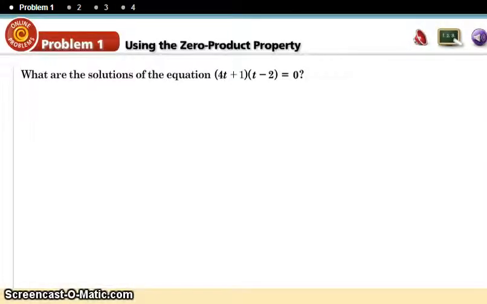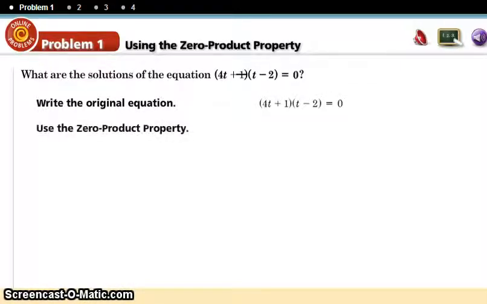In this problem, you will use the zero product property. What are the solutions of the equation the quantity 4 times t plus 1 times the quantity t minus 2 equals 0? Start by writing the original equation. Use the zero product property.